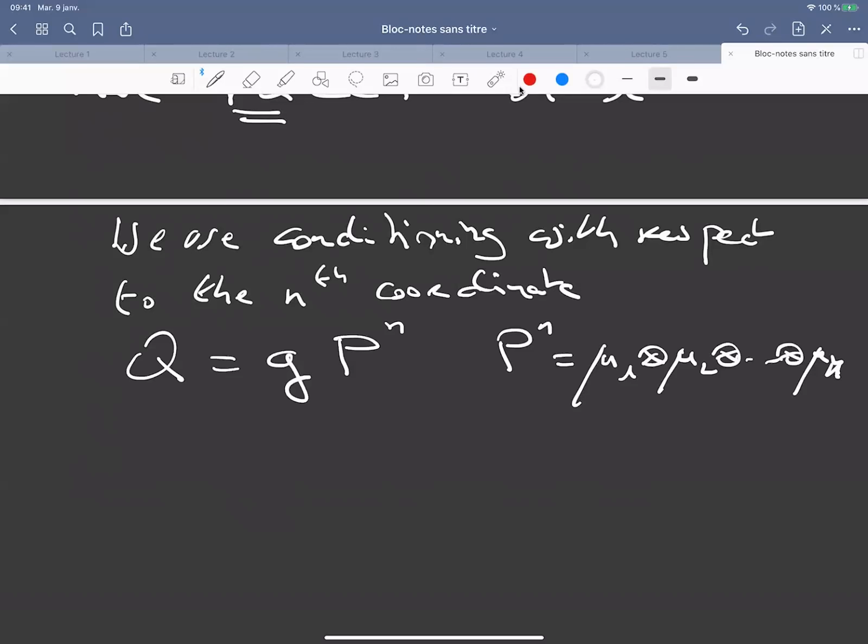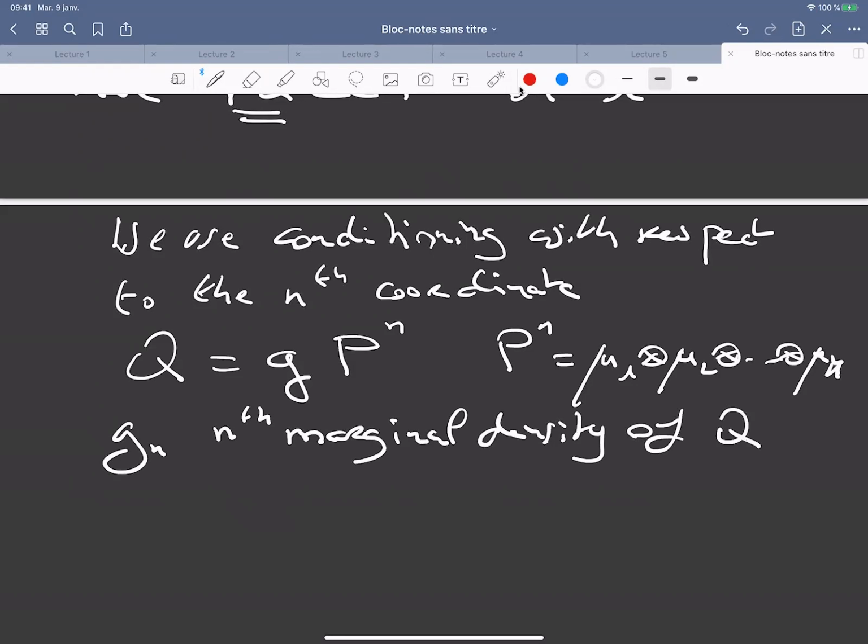And we take Jn to be the nth marginal density of Q with respect to mu-n. And so we have the marginal distribution of Q, which is Jn times mu-n.